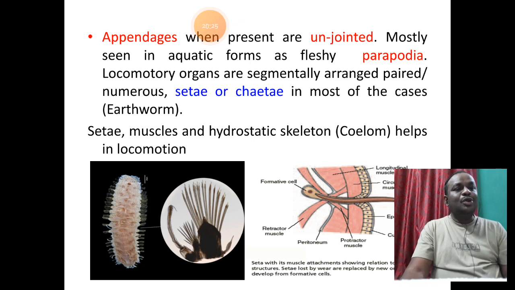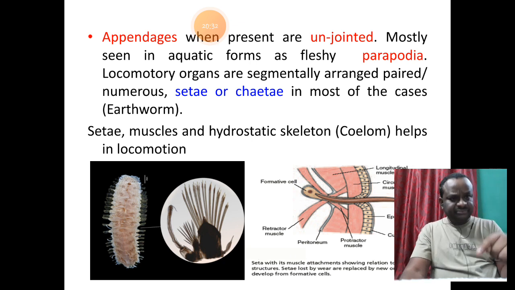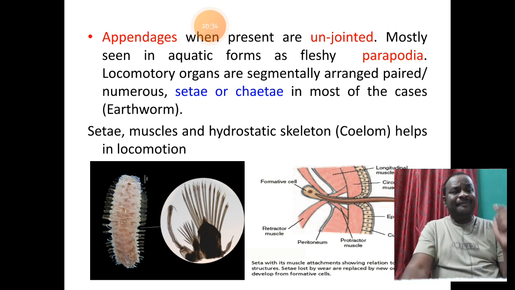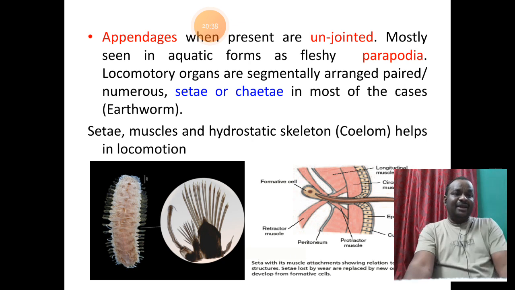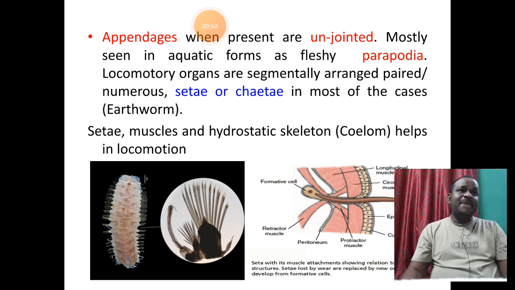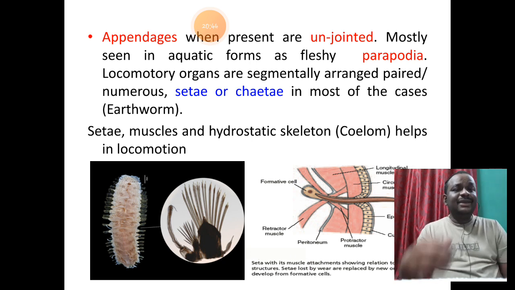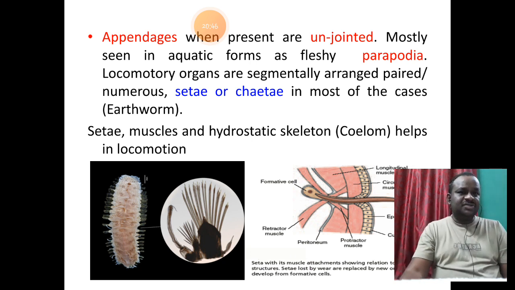So remember the locomotory structures present in the aquatic annelids are made up of fleshy unjointed appendages referred to as parapodia. The locomotory organs may be paired in the case of parapodial structures.